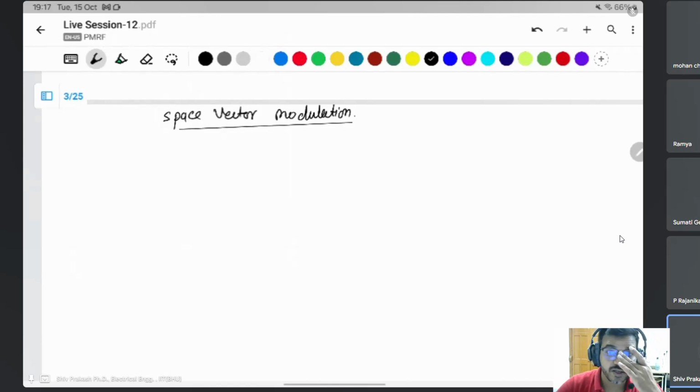Next one is space vector modulation. It is mainly used for the three-phase system. There are more switches there, and you can use this one.